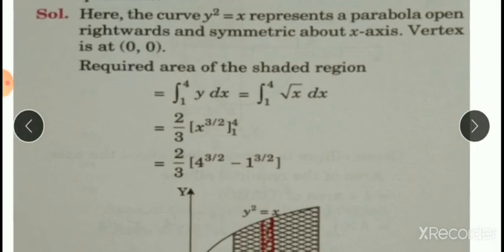Now we can integrate. We can find area of the shaded region by integrating y with respect to x, that is limits are 1 to 4. Integrate 1 to 4, y, here y² = x means y = root x. Root x we are integrating with respect to x.